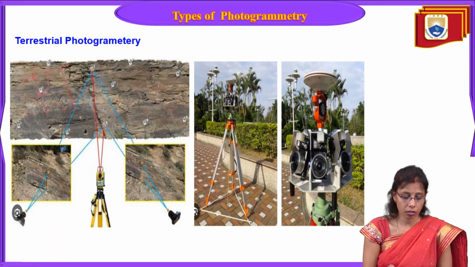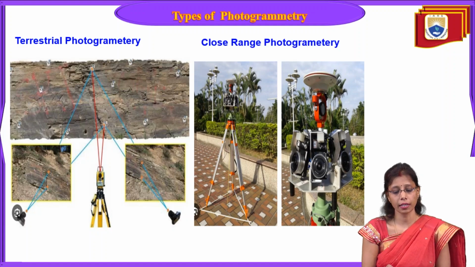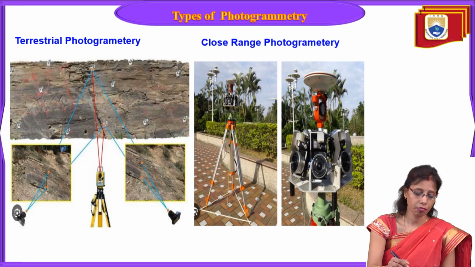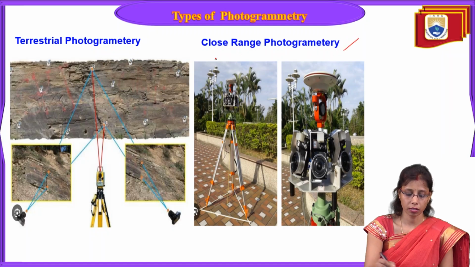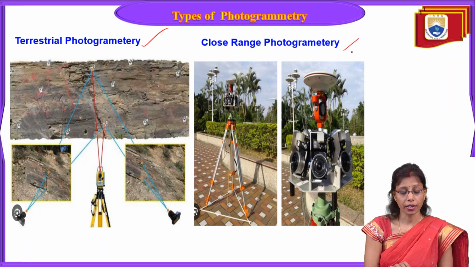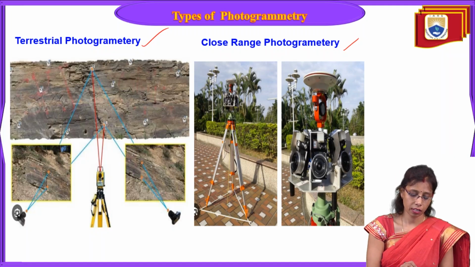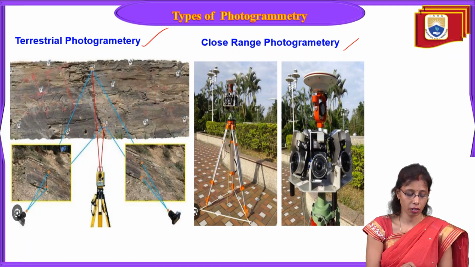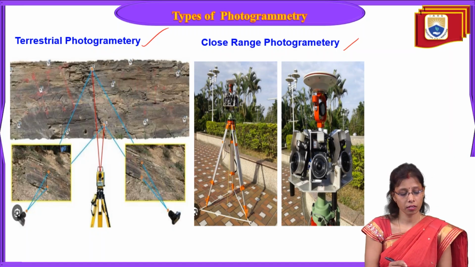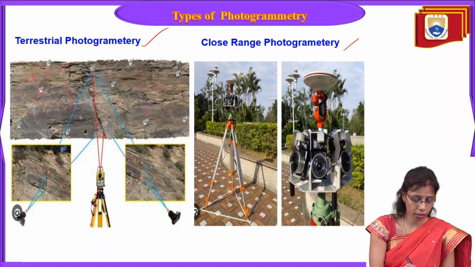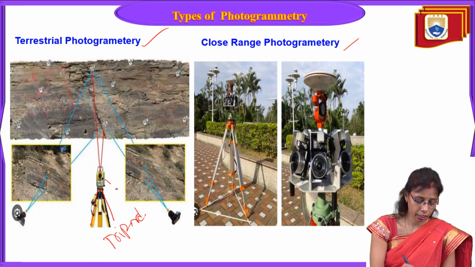Now if we come to the two other types of photogrammetry, we have terrestrial photogrammetry and close range. Terrestrial photogrammetry, as I said before, is the photo taken from the ground at a greater distance. Like we have a tripod here, along with a theodolite, or it may be a camera on the tripod, right?